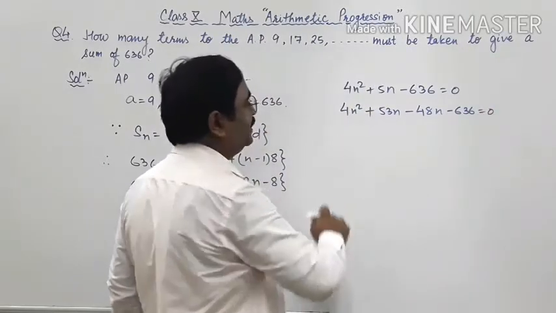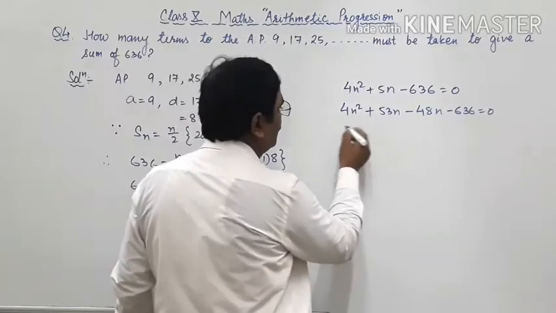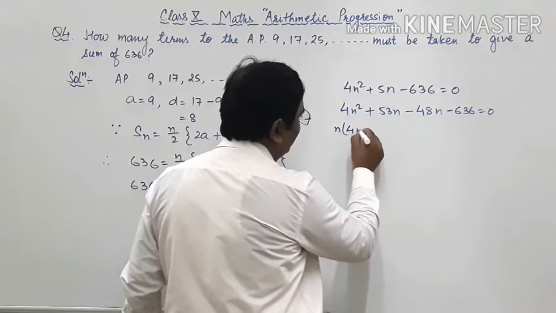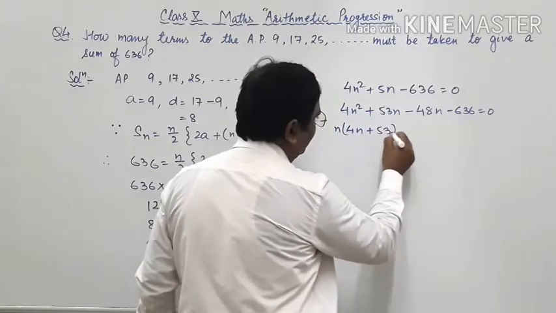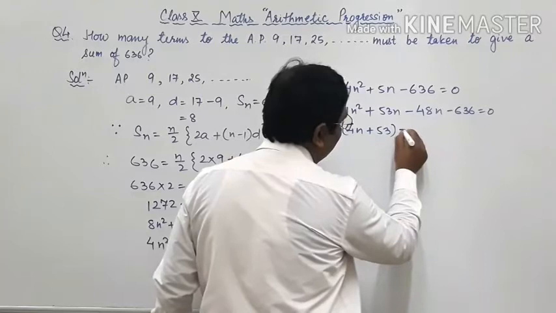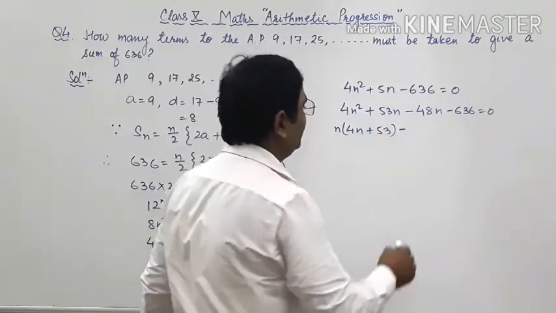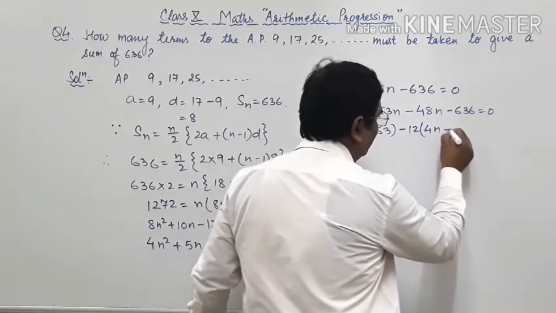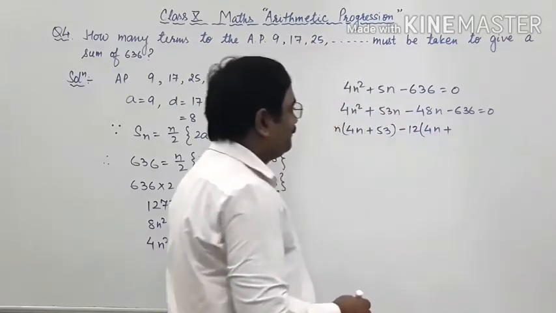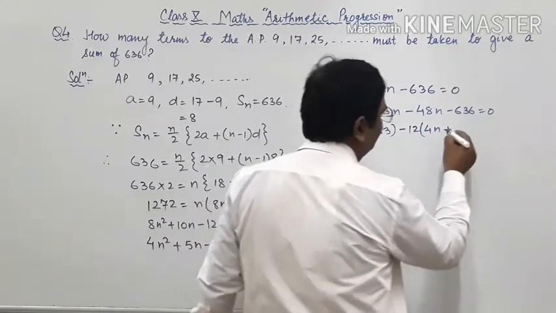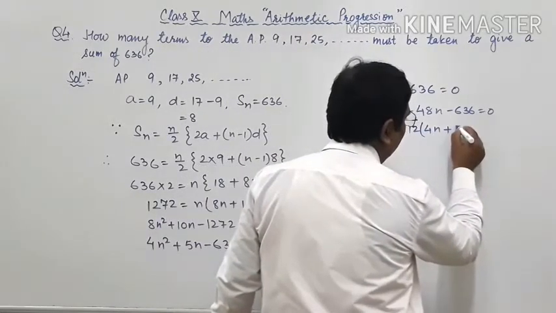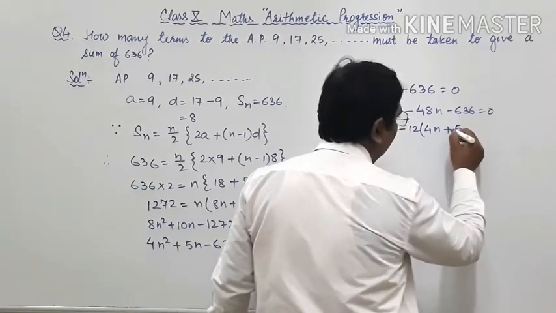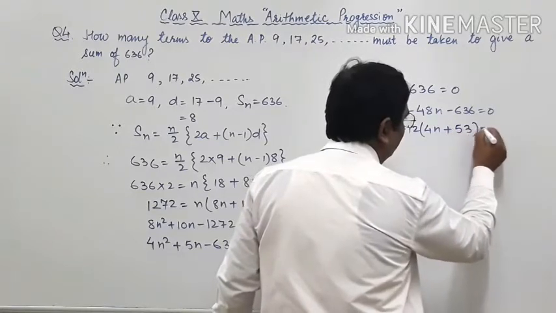Let us take the common factor in this. What is common? Only n. So we will get n into 4n plus 53, minus, in this what is common? 12 is common. 12 into 4n plus 12 fives are 60 and 12 threes are 36.